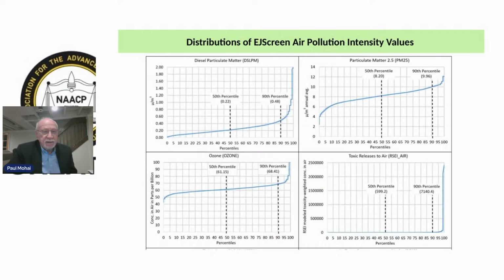I looked at all 13 environmental burden indicators in EJ Screen and found similar results. Here are 4 of the air pollution concentration indicators, like diesel PM, particulate matter and ozone, and toxic releases to the air from industrial facilities that report to the Toxic Release Inventory. You see that there's an inflection point at the 90th percentile.